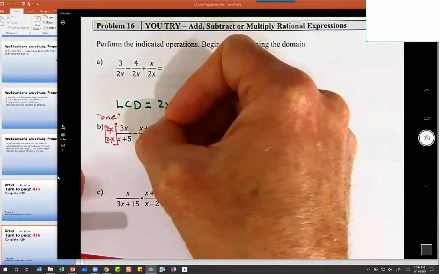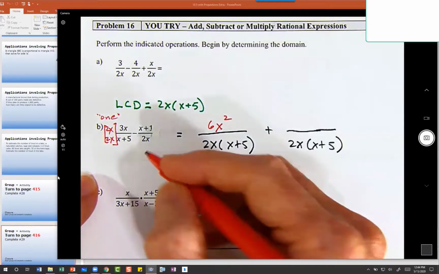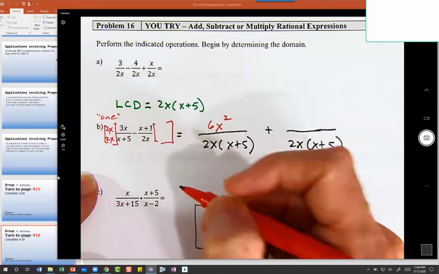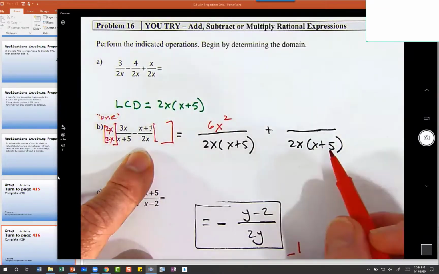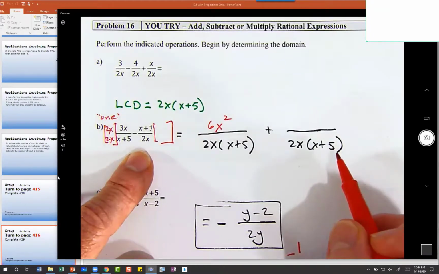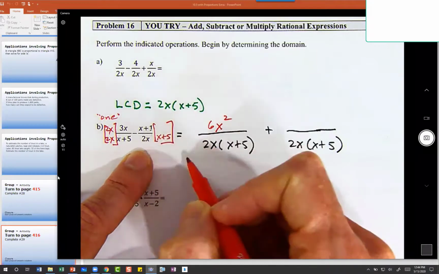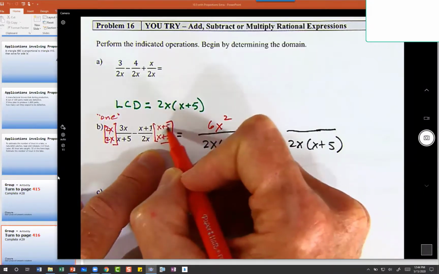But let's keep going. Now, the second fraction also needs some changing. What do I multiply to the second one? Well, it already has a 2x in it, but it doesn't have the x plus 5 factor in it. So to build this up, I'm going to have to multiply by the group x plus 5 on the top and the bottom.